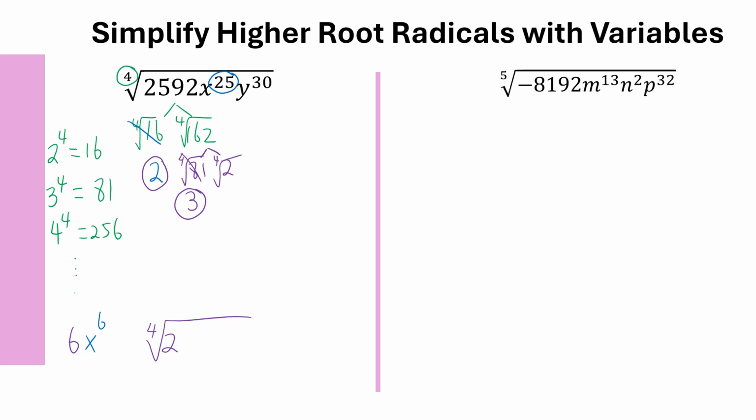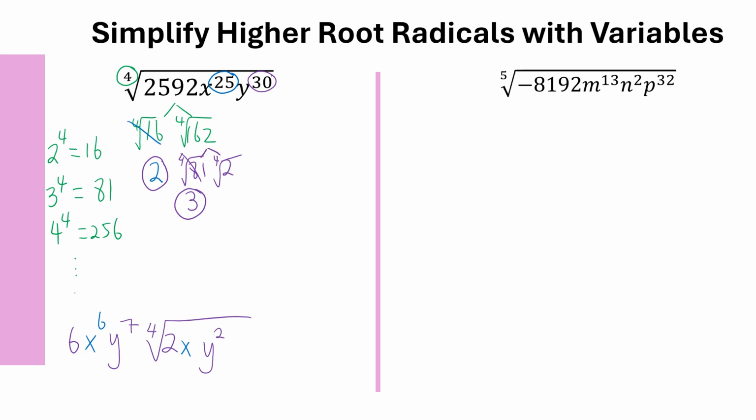So there must be 1 x remaining inside the fourth root. And then for the y, how many 4s can go into 30 maximum? Well, that would be 7 because 4 times 7 is 28 and there's still 2 remaining. So therefore, there must be 2 y's inside.